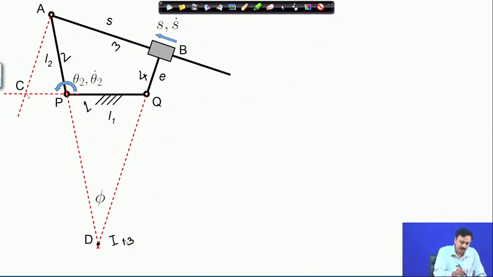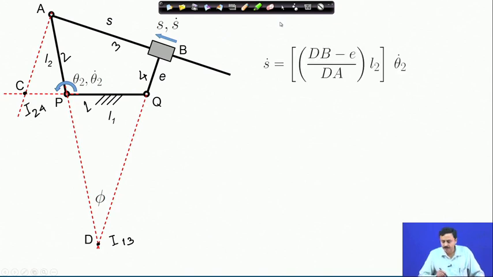So, this is I13 and this is I24 indicated by point C, and using these instantaneous centers we had determined the input output velocity relations, or the velocity relations between the expansion rate of the actuator and the angular rate of link 2. So, I have written it out here. Here dB and dA are these distances which you can see on the figure.